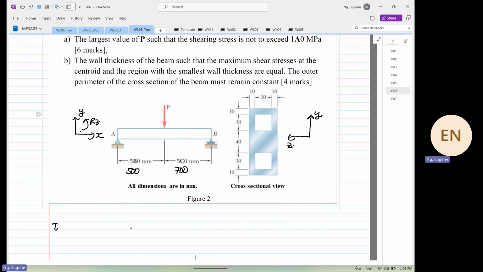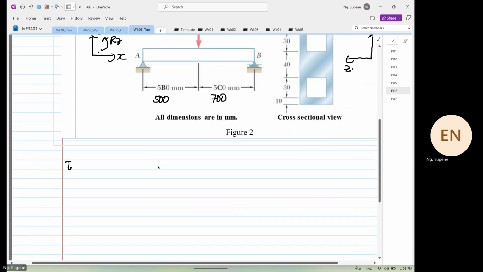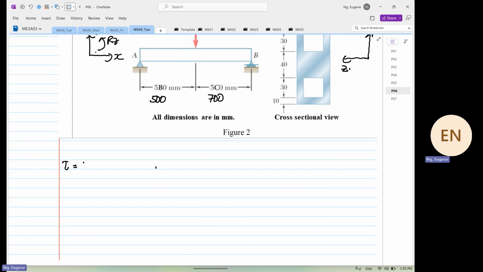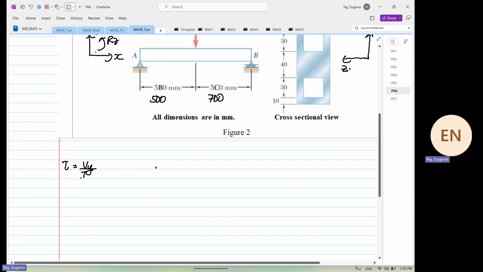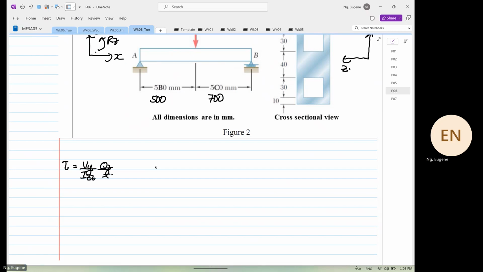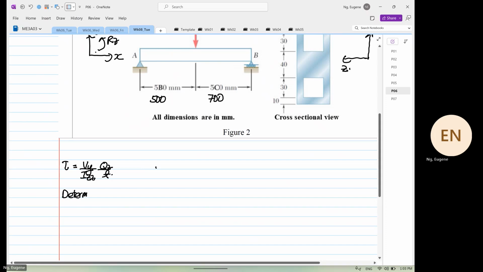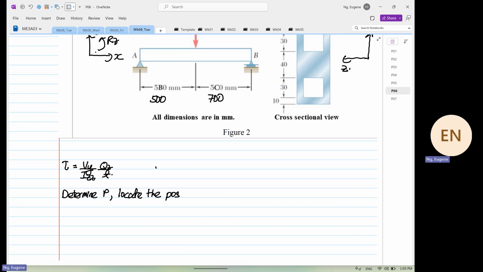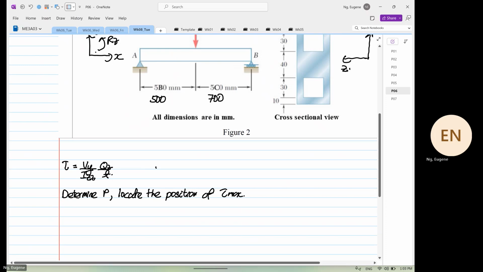That's still P. My bad. Okay. The shear stress is equal to Vy over Izz, Qz divided by T. Okay. So the first thing, in order to determine P, we need to locate the position of our max.